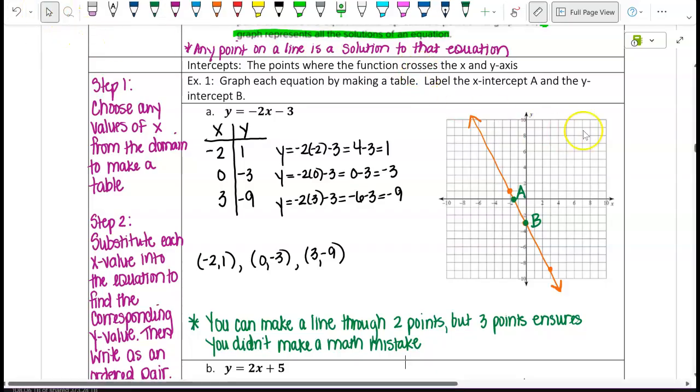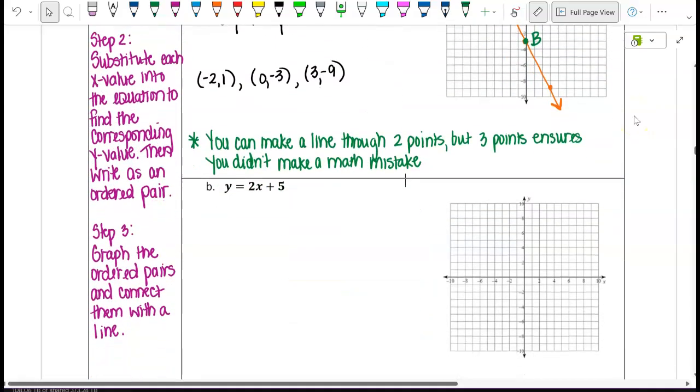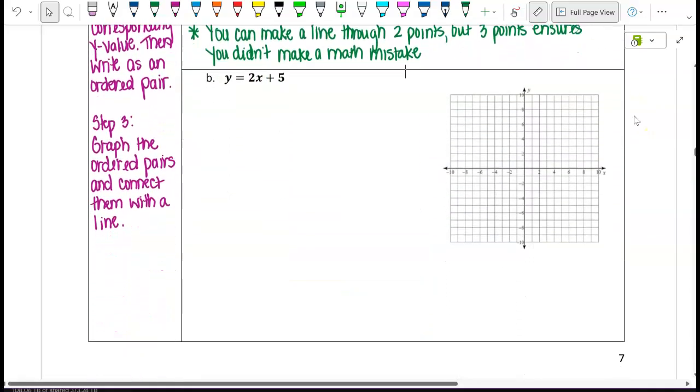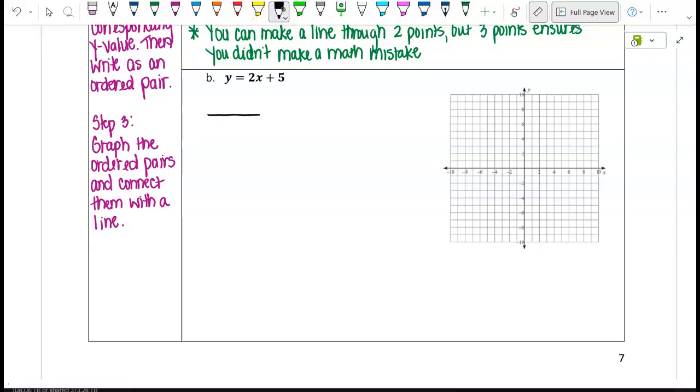All right, the next example. Y equals 2x plus 5. Again, we're going to make a simple t-chart here. And you don't have to choose the same values I do, but again, you want to make sure you're not getting them too big.